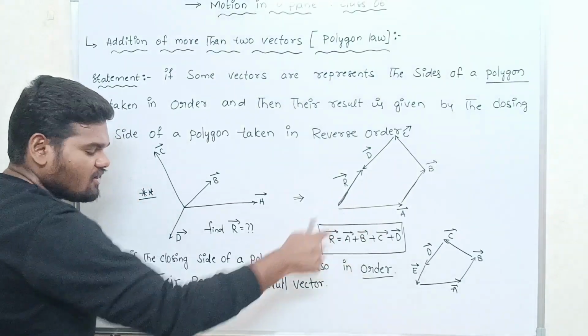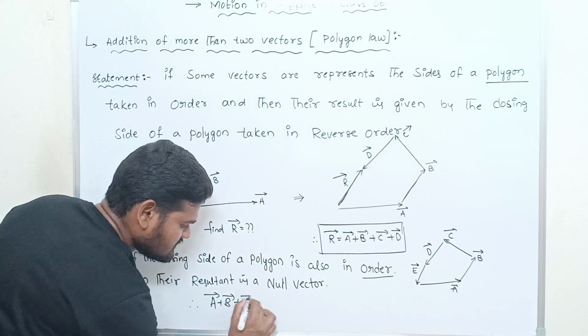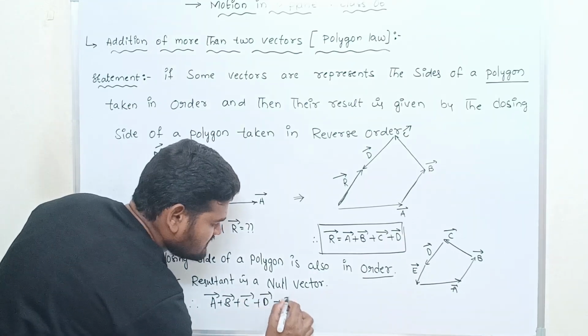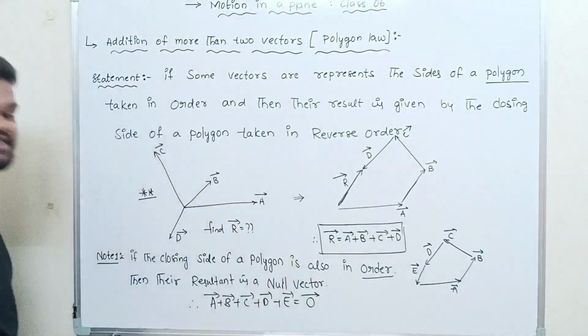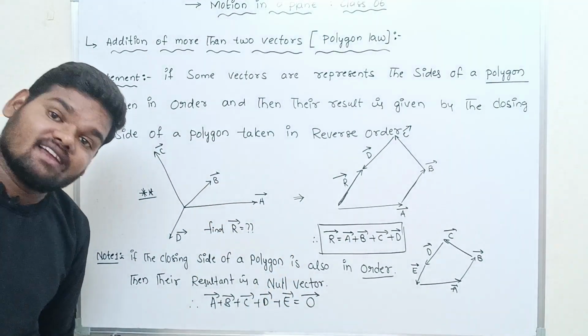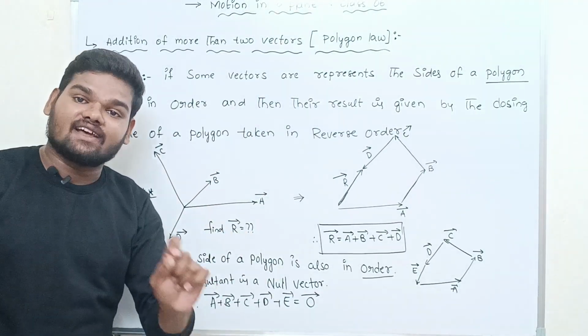Therefore, the resultant of the polygon is given by A bar plus B bar plus C bar plus D bar plus E bar is equal to how much? Null vector 0 bar. Are you getting? Any doubt? Right, so this is about the polygon law of vector addition.